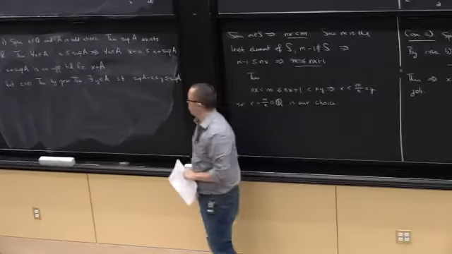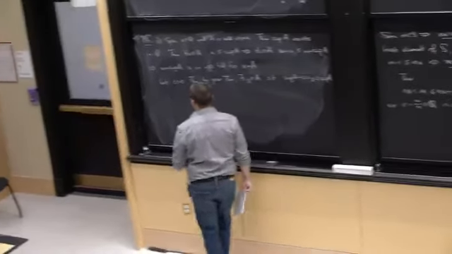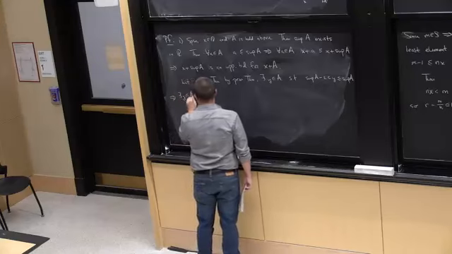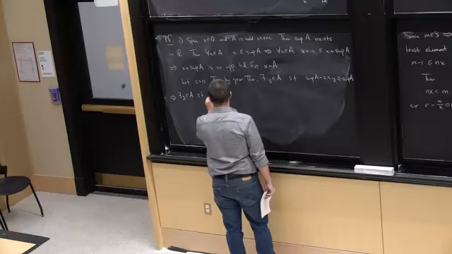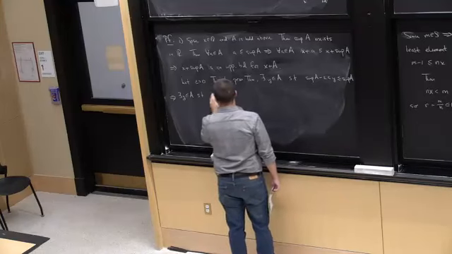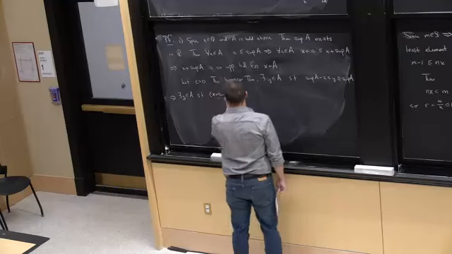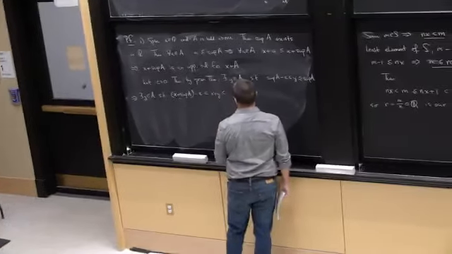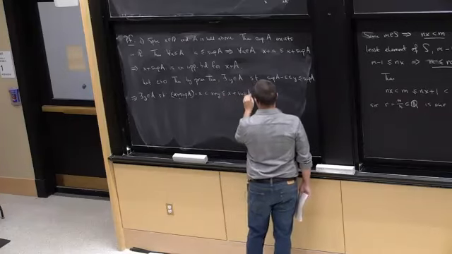Now I just add x through all of these inequalities, which implies there exists a y in A such that x plus sup A minus epsilon is less than x plus y, which is less than or equal to x plus sup of A.